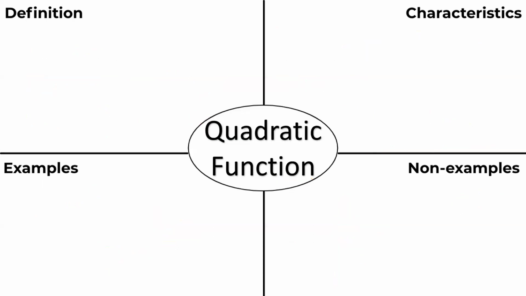Up next is quadratic function. So we're going to put quadratic function in friendly terms. A quadratic function is still a relationship between two quantities. And what are those two quantities called?